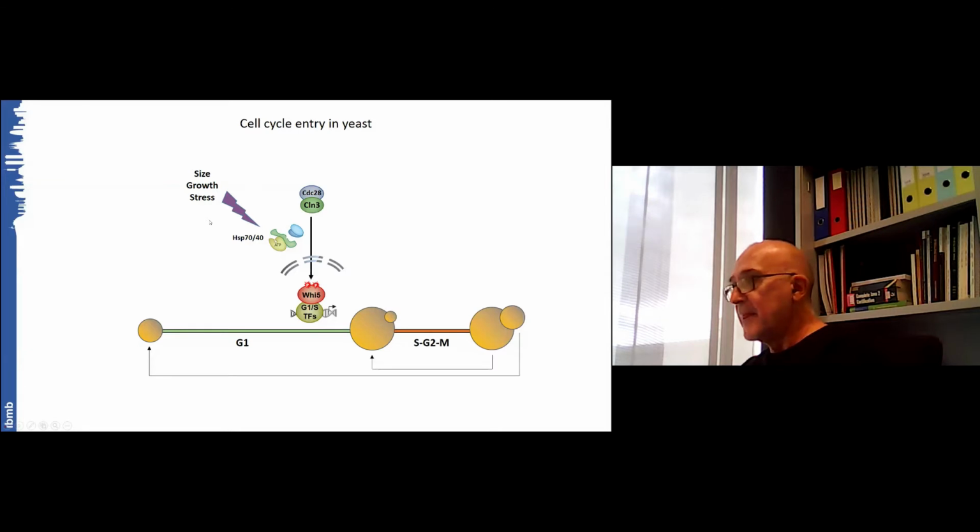And today my talk is going to focus particularly on stress at the very beginning of the cycle, because we know quite a lot about how stressful conditions regulate the ability of the cell to progress through the cell cycle. But in this talk, I will refer to the mechanisms that act, or that we think act, at the very beginning of the cell cycle.